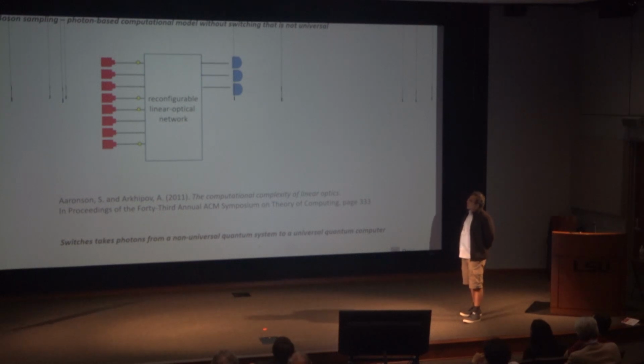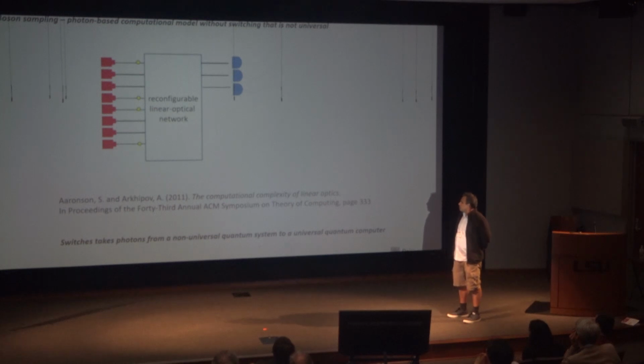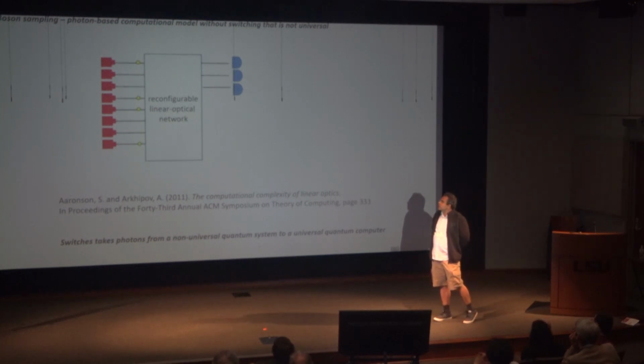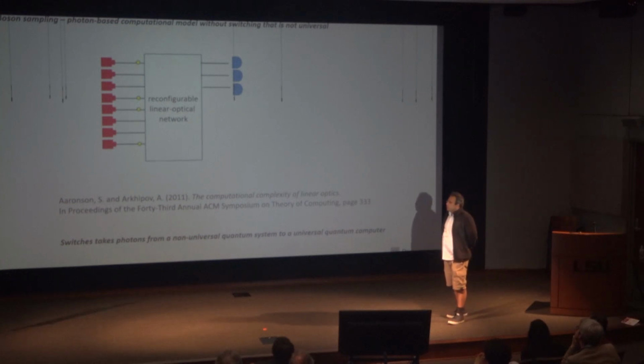So it has single photon sources, which are in some sense highly non-classical. It has a passive linear optical network, and it has single photon projection measurements. And we know that the problem of sampling output photon statistics is a computationally hard problem. But it's not believed that boson sampling is equivalent to universal quantum computation.